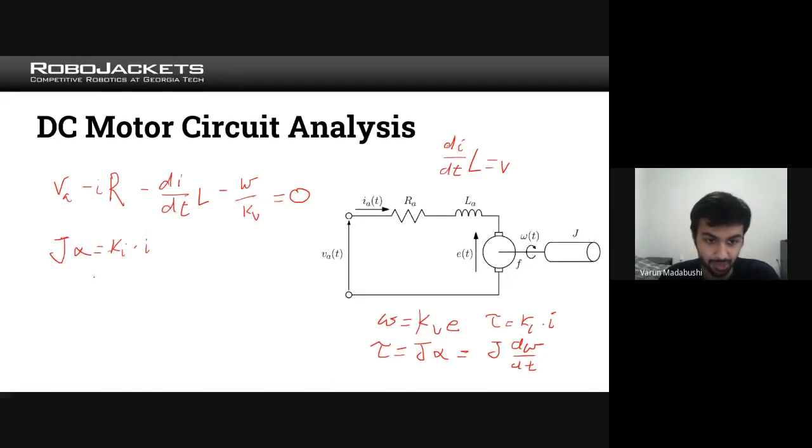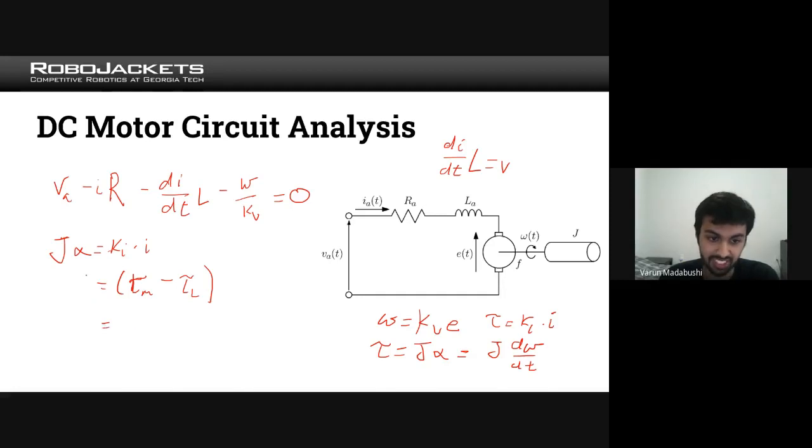Actually, if we want to be a bit more specific, we should note that the torque here is the net torque, which is going to be equal to the motor torque minus the load torque. The load torque could be, if you had a weight attached to the end of this motor as well.